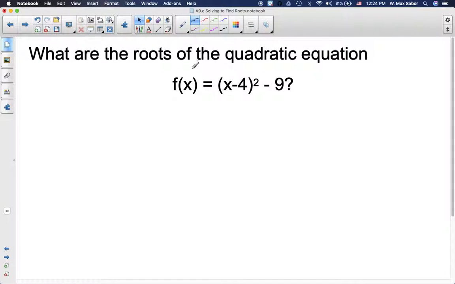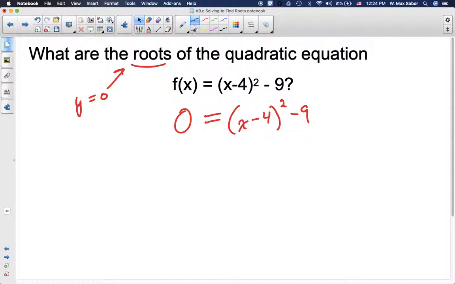So what we do when we're asked for the roots, we should say, okay, y equals 0, and here's y, so we'll say 0 equals (x minus 4) squared minus 9, and we can go ahead and solve this equation. So we'll add 9 to both sides. 9 equals (x minus 4) squared.